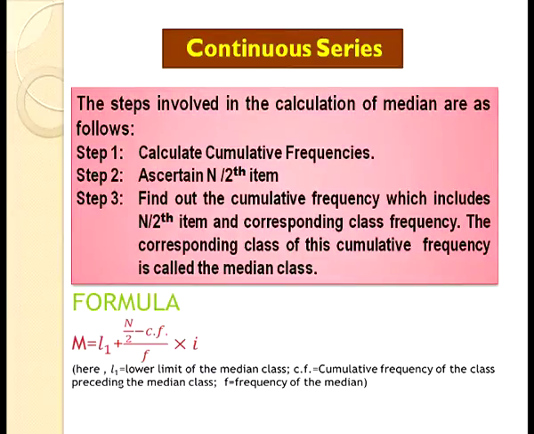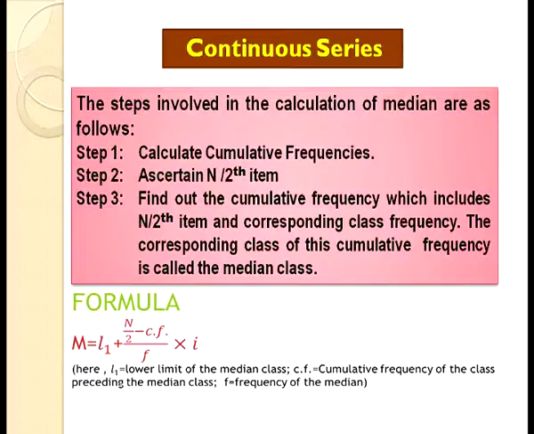Students, if you remember, in the previous question, in cumulative frequency we got the median answer, but in this case we are getting the median class. That's the difference over here. In the previous question we did (n plus 1) by 2th item, but over here in continuous series we are doing n by 2th item. So this is the difference you must note.